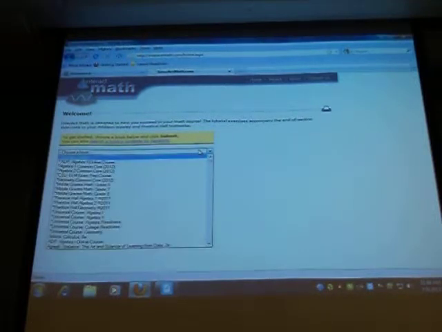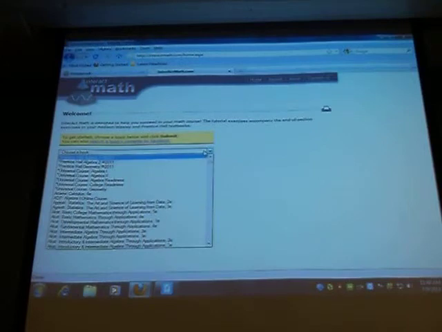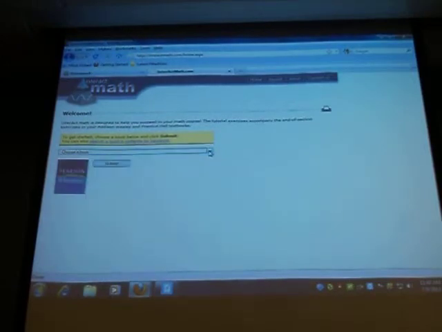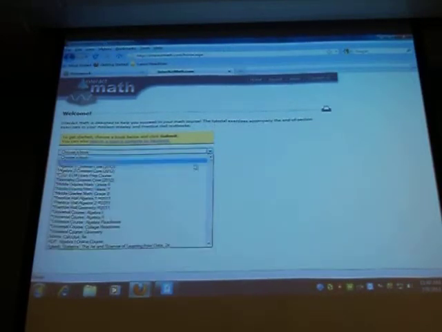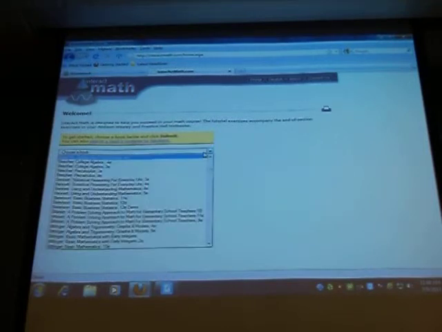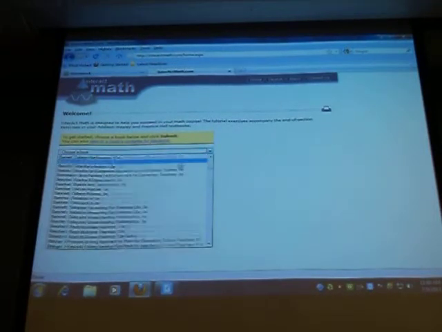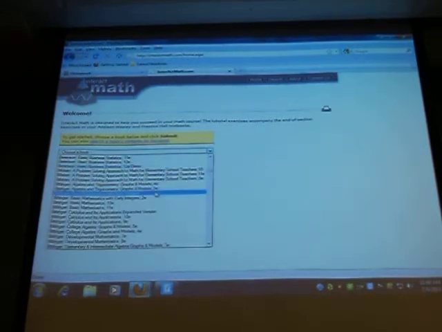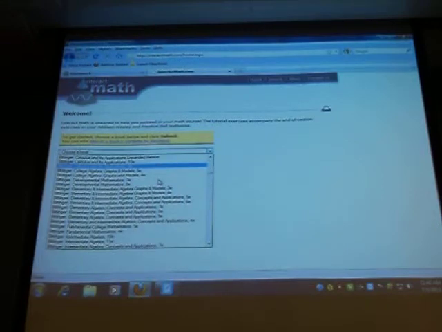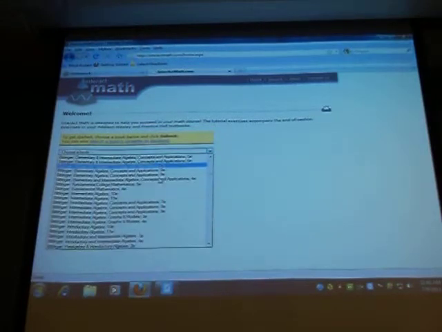If you want to practice stuff from 85, you want to choose the book from 85. The book from 85 was Bittinger. What is going on with the spelling here? You have to use the thing on the side.